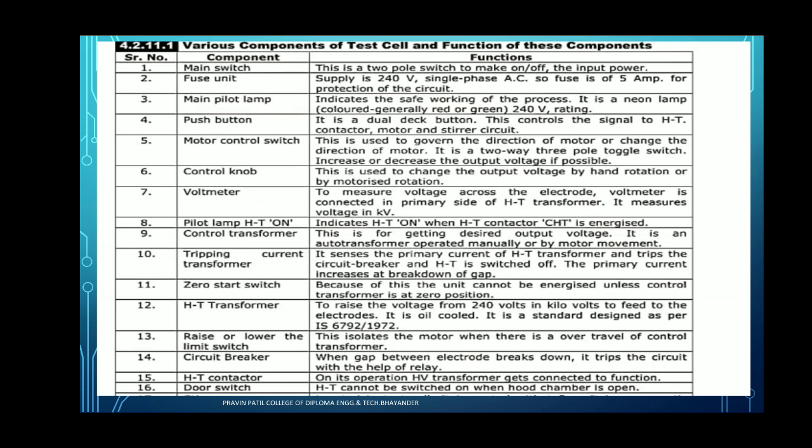Components such as main switch, fuse unit, main pilot lamp, push button, motor control switch, control knob, voltmeter, pilot lamp HT on, control transformer, tripping current transformer, zero start switch, HT transformer, rise or lower the limit switch, circuit breaker, HT contactor, dual switch. So these are the different components used in the substation.